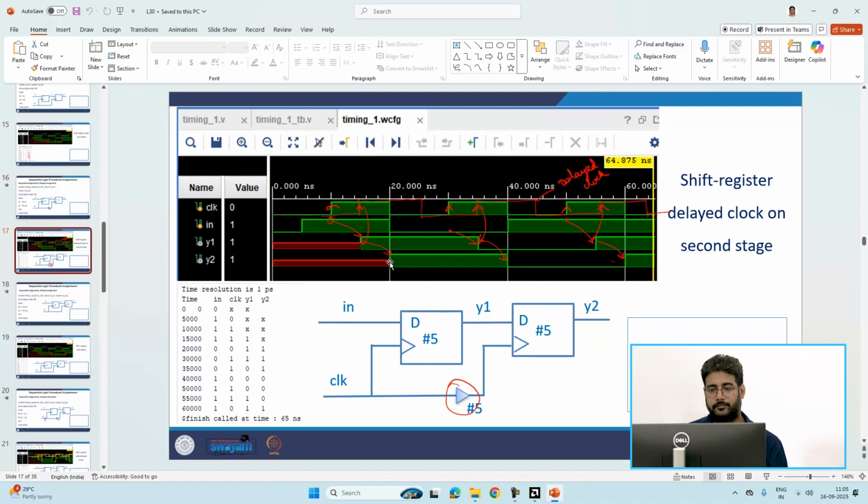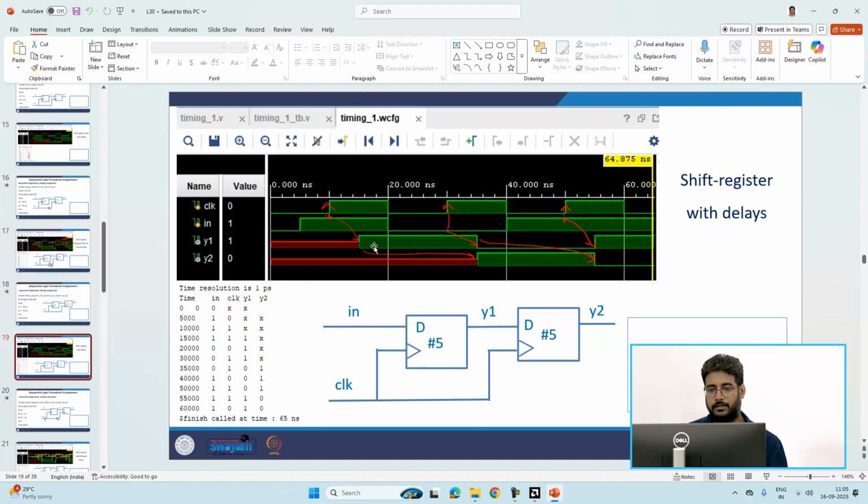Instead of a delay in the clock cycle, it is like delay in the buffer stage itself. So it is occurring only after this input y1 is shifted, and then same here, it is this y1 and then comes to y2. It's like the shift register with delays.